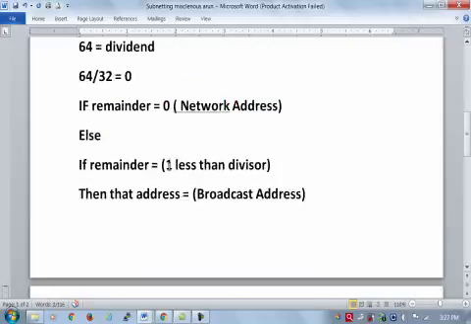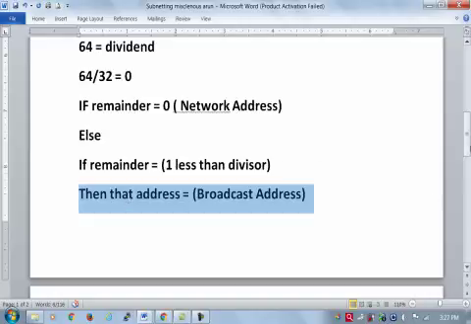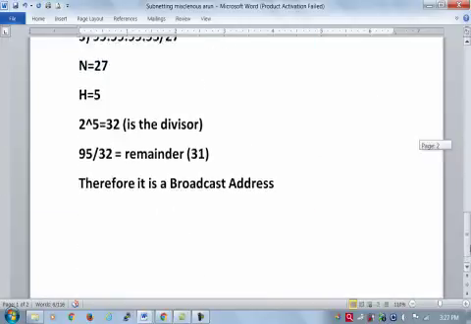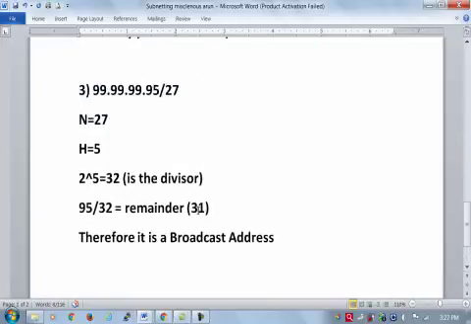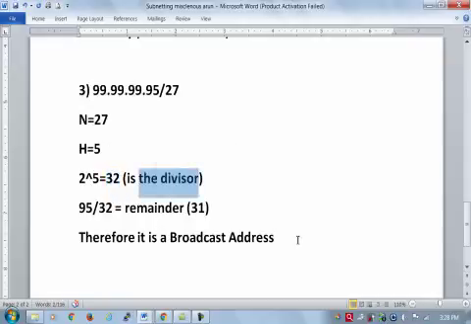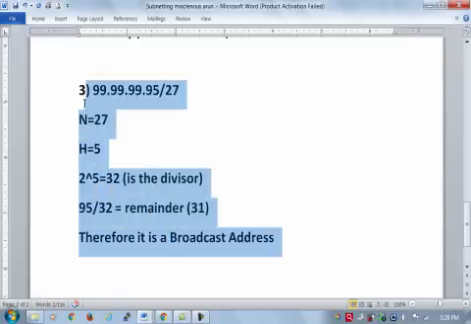If the remainder is 1 less than the divisor, then that address is a broadcast address. So in this example the remainder is 31 and my divisor is 32. So if the remainder is 1 less than the divisor, this address has to be a broadcast address only. Okay, and from the quotient you can make out that this is the third subnet broadcast address.